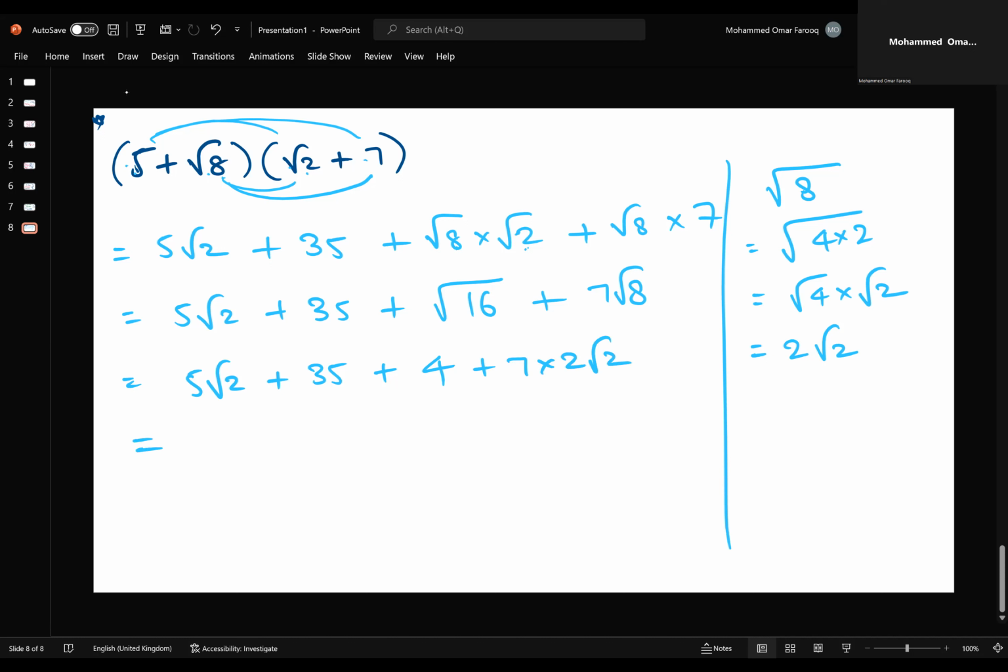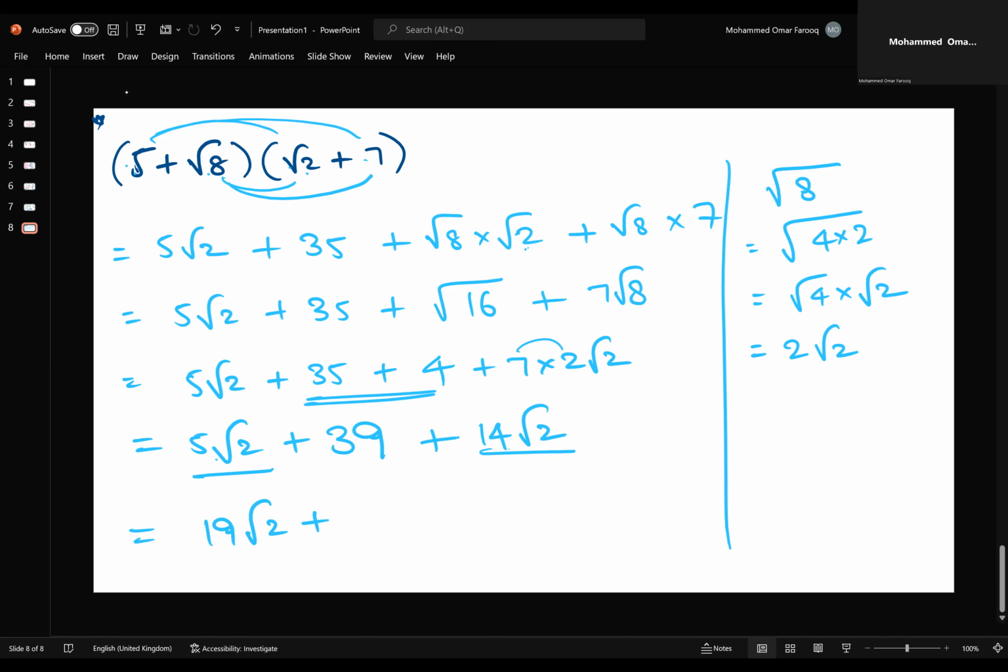So now it is 5 root 2 plus 35 plus 4 is 39, plus 7 into 2 is 14 root 2. See, 5 root 2 and 14 root 2 are like terms. So 5 plus 14 is 19 root 2 plus 39. So this is our final answer. You cannot add 19 and 39.